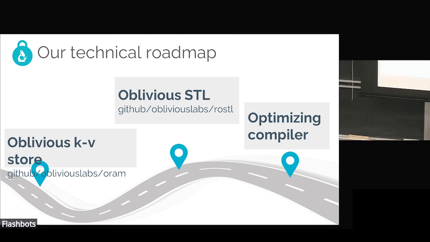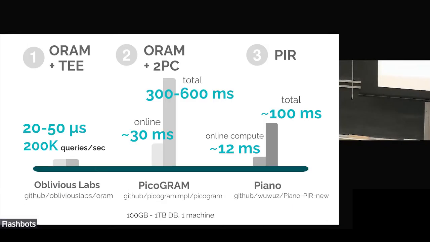And then Quintus talked about the future roadmap, right? Besides trusted hardware, it would be very nice if some of the cryptographic primitives can also become practical. In our research at CMU, we are also looking at the performance of these cryptographic replacements of TE. For instance, if we replace TE with two-party computation, you are looking at about 1,000 to 10,000x slowdown, but actually it's still reasonably fast.